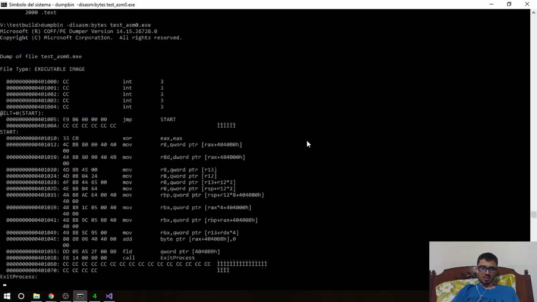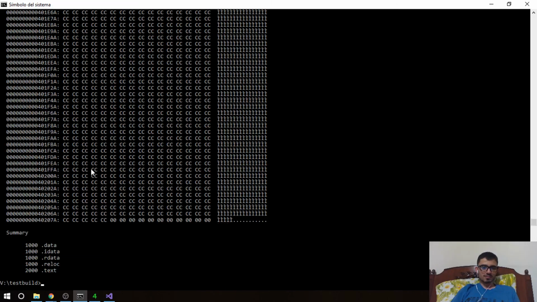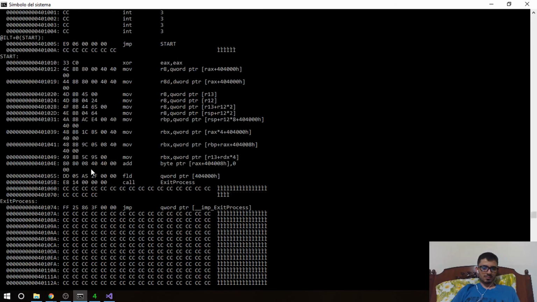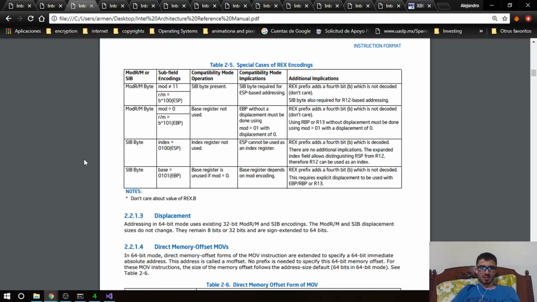So it's simple there. This is the same. 49 AB 5C. Well, this is 5C. This is now in 9C, because now we are not using a displacement. So mod R/M is 5C. Let's see what happens there.